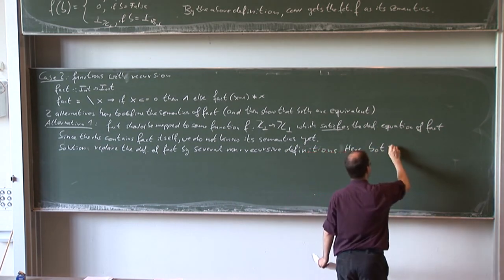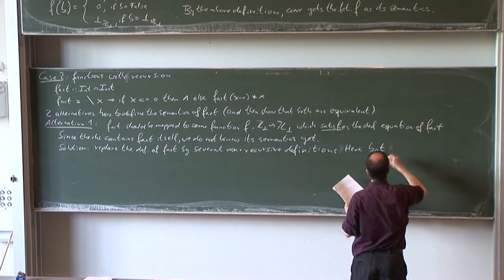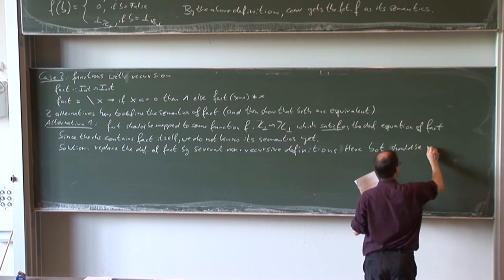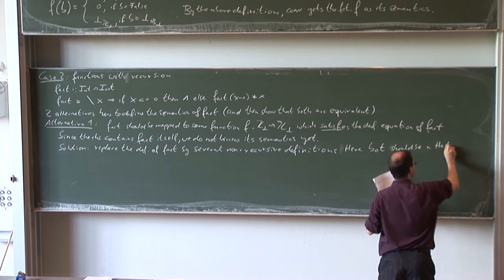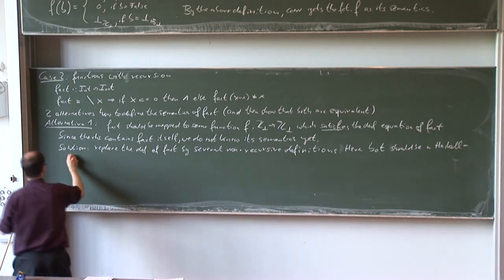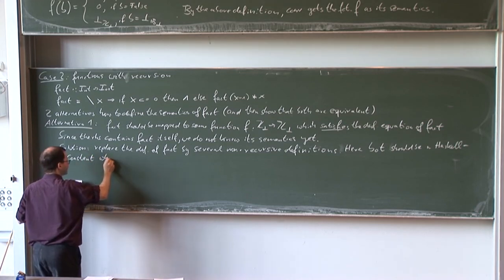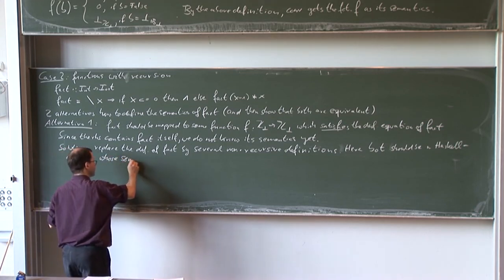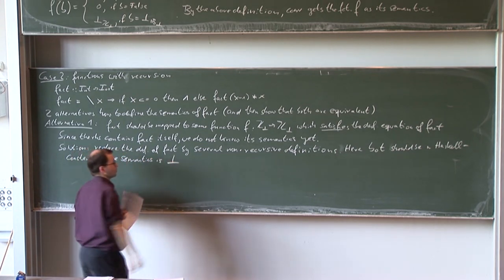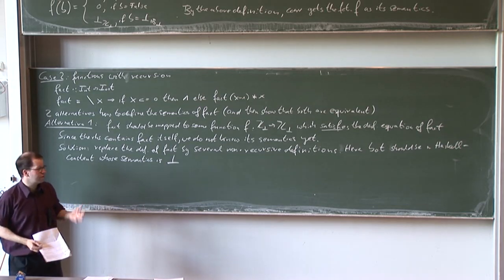Bot is a function symbol, should be a constant, a Haskell constant, and whose semantics is bottom. So this bot symbol should always be undefined.